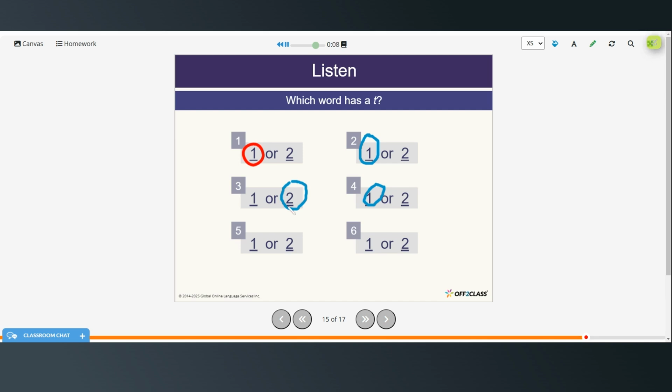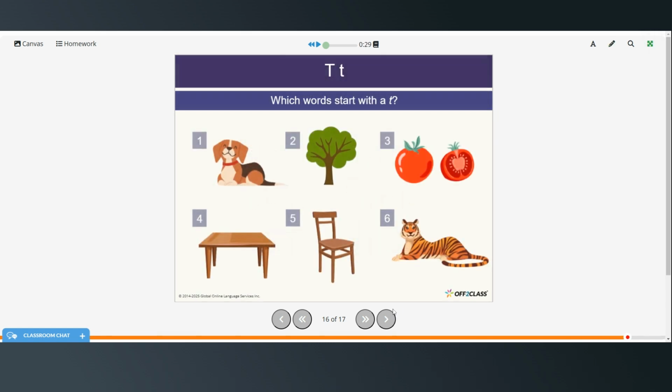Had, hat. Take, cake. All right, now which words start with T? Try these on your own and then restart when you're ready to check your answers.